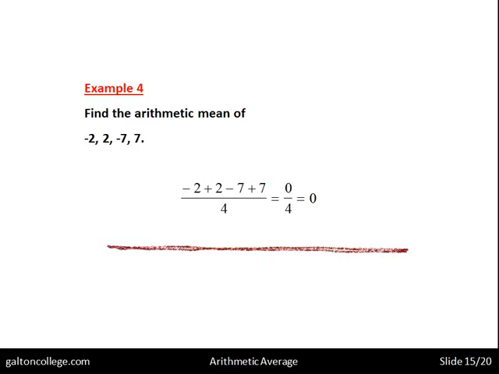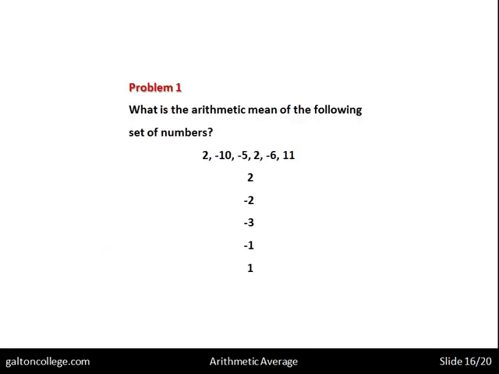So, what's the arithmetic mean of the following set of numbers? 2, minus 10, minus 5, 2, minus 6, 11. And it's going to be one of these. We're given this set of answers here, so we have to pick the right one. Which one is it?